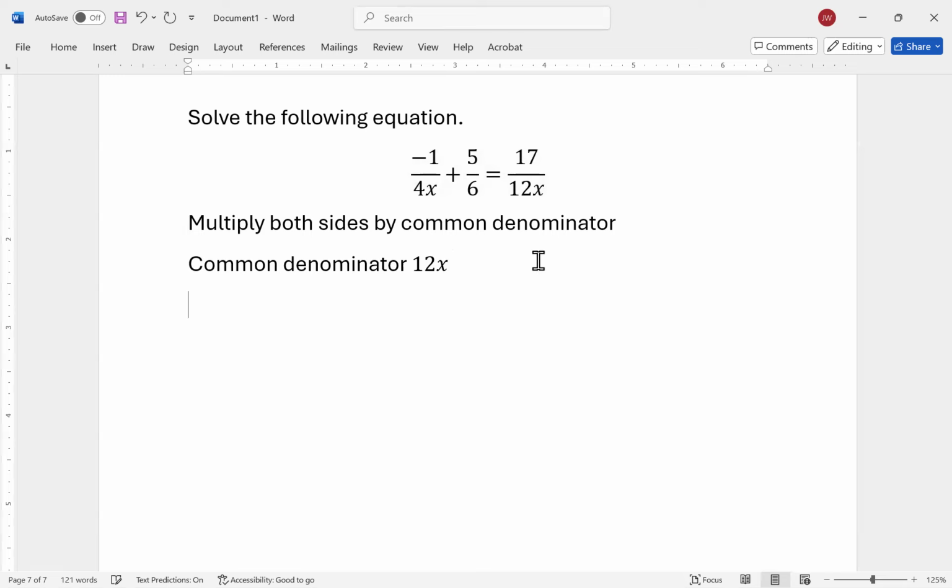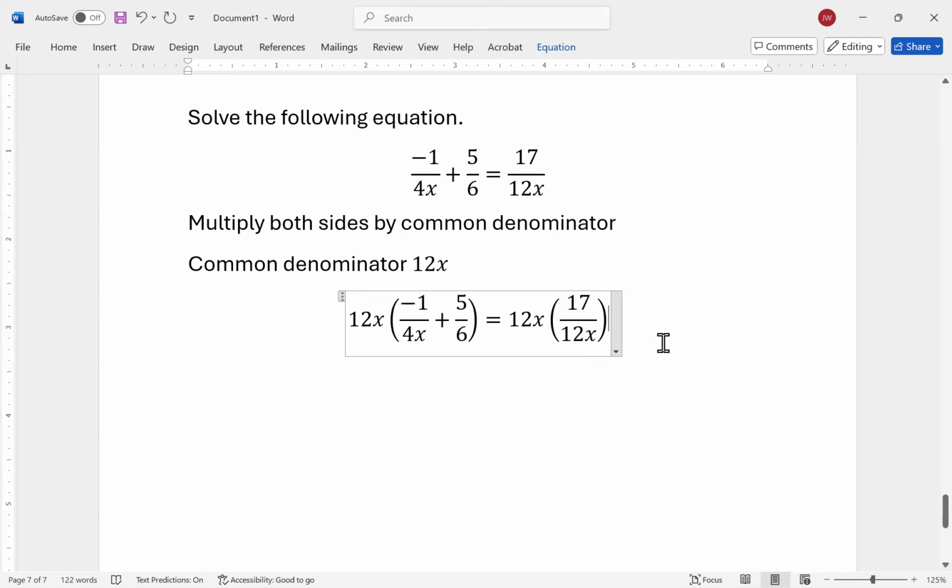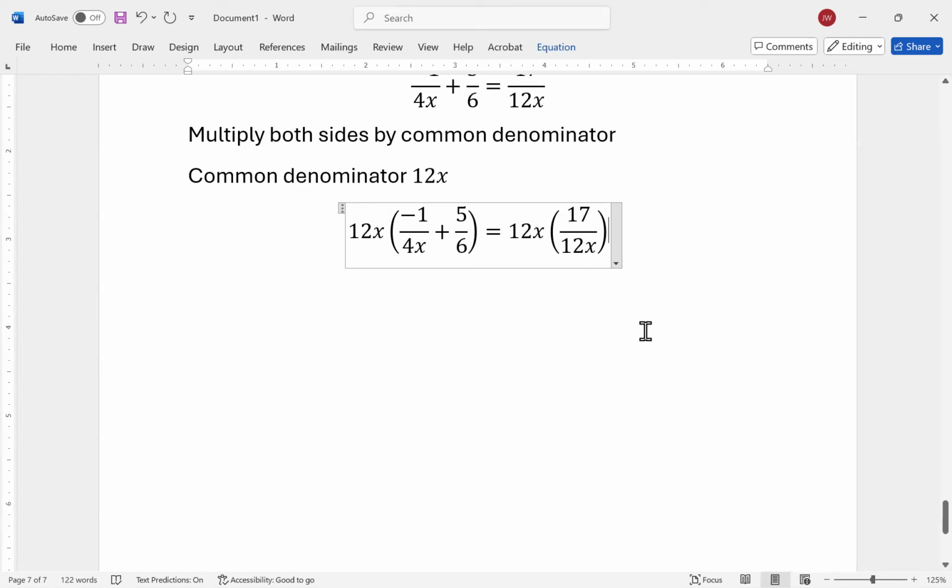So that's what I'm going to do. I'm going to take 12x and multiply the left-hand side of that equation by it. And I'll take 12x and multiply the right-hand side of the equation by it. Now, what's going to happen is 12x times -1 is going to give me a negative 12x over 4x. 12x times 5 over 6.